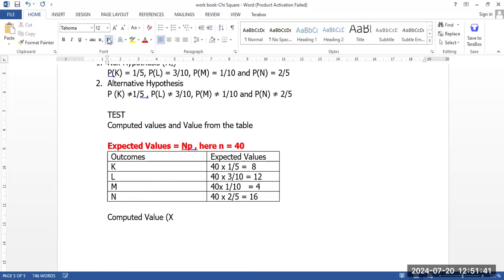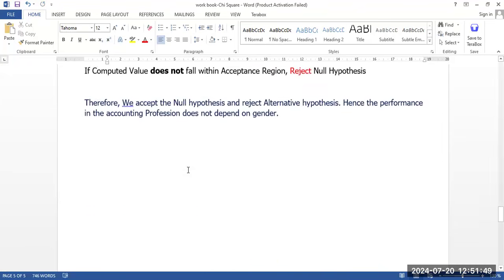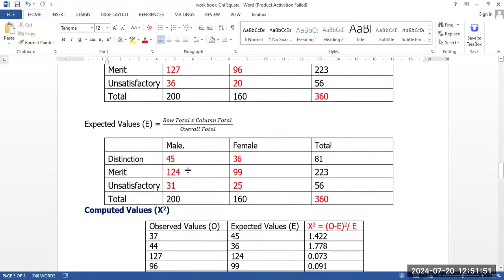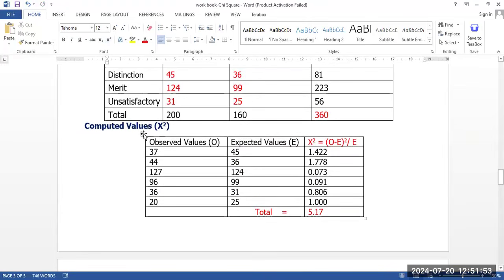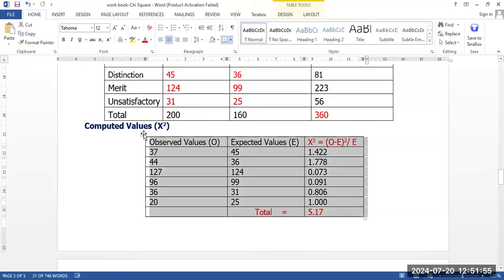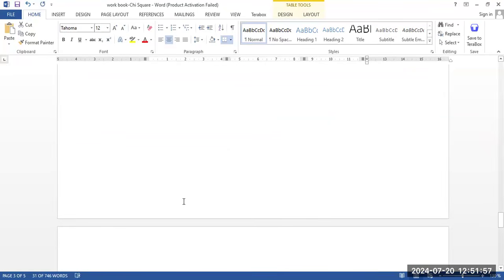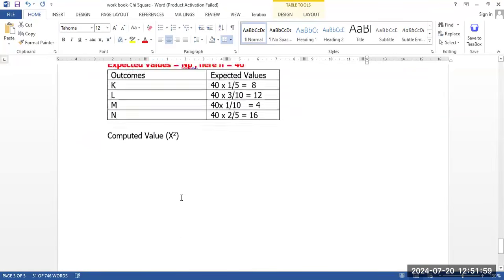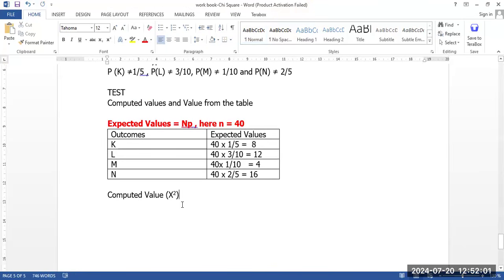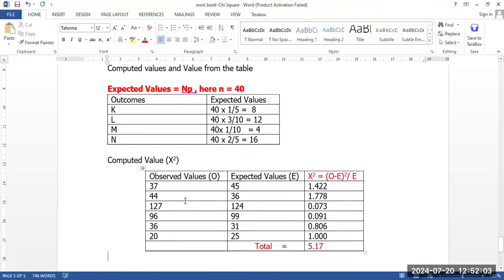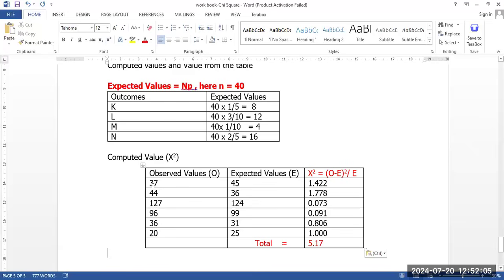Draft this table again like this one, because now you have everything. You will do it in your free time. You draft again and put everything.